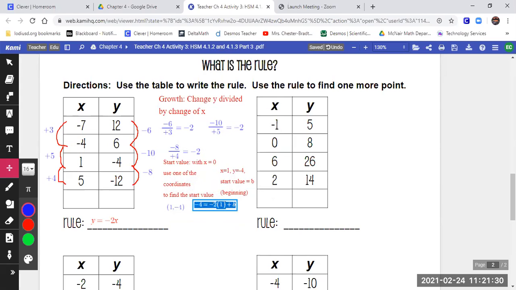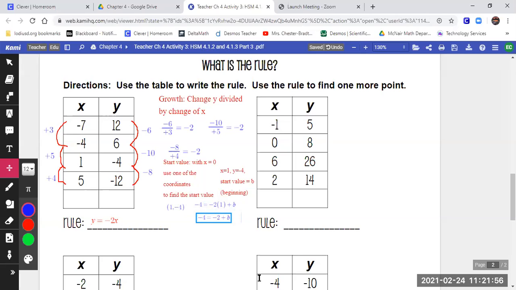What's the first piece I have to solve so I can move on and solve for what that variable b is? Yep, the -2 times 1. So what is -2 times 1? Still -2. So I now have -4 equals -2 plus b.